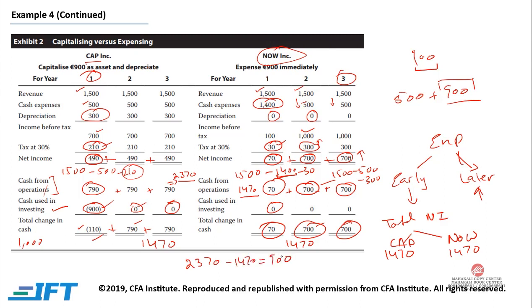And the reason is that cash flow from operation in now is being expensed, or there is a cash outflow of 900, and over here the cash outflow is not coming from cash flow from operation, but instead from cash flow from investing.